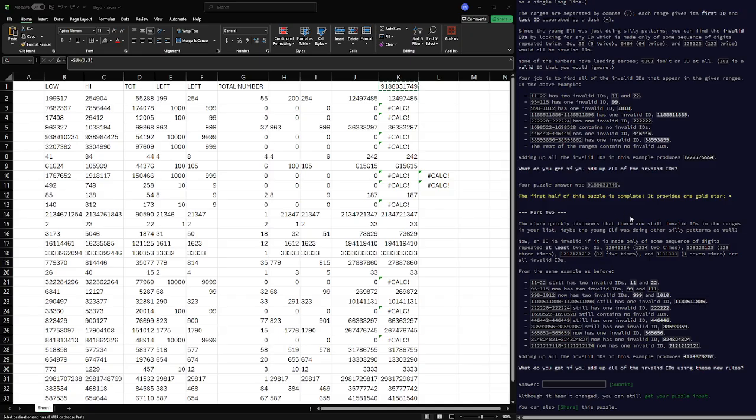You can also do other silly patterns as well. At least twice. So, this is still doable.